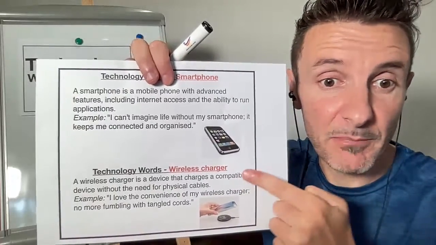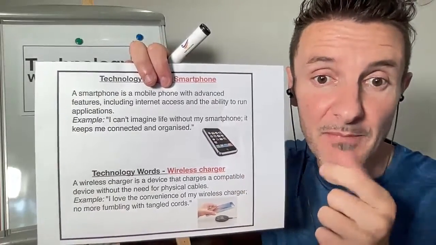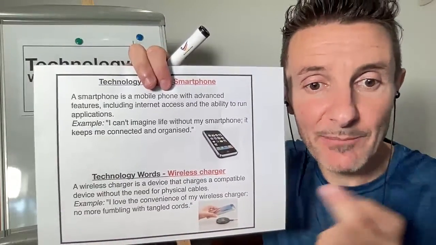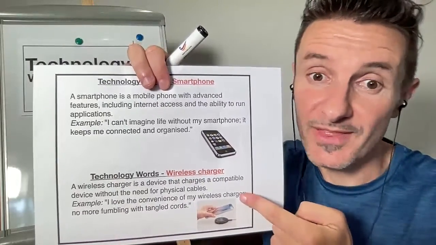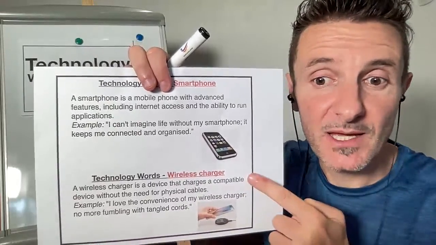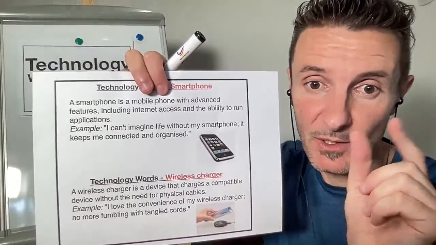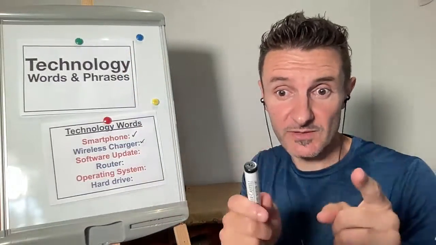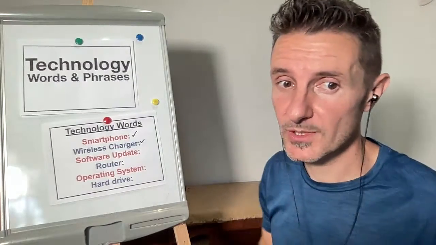It must be compatible. That means they must work together. Because if you try to use an Apple wireless charger with a Samsung phone, it's not going to work. So they must be compatible. They must work together. I hope that's clear. Okay. Thank you for that question. That was a very good question and a very important question.